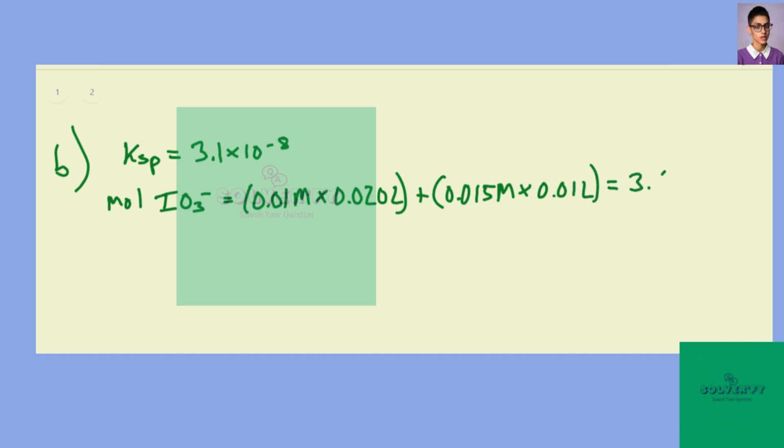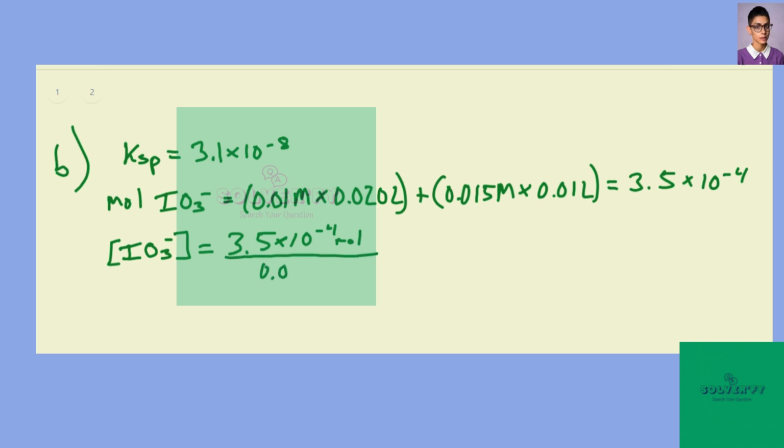And that value is equal to 3.5 times 10 to the minus 4. And so then we need to find the concentration of iodate, which is 3.5 times 10 to the minus 4 moles, divided by the total volume, which is 30 milliliters or 0.03 liters.